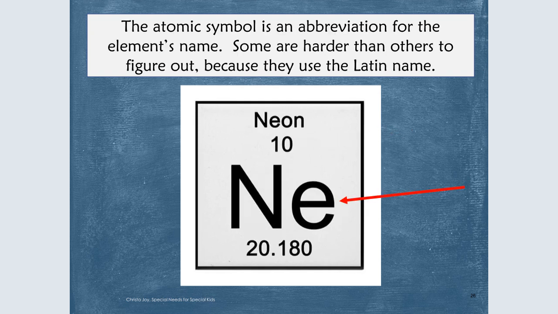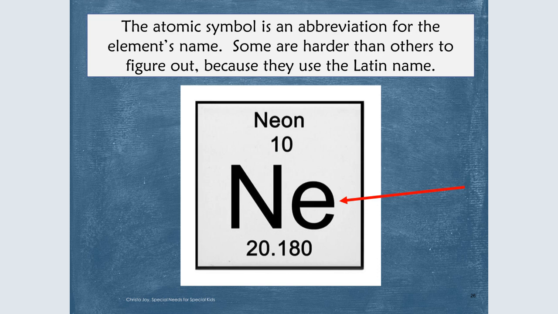The atomic symbol is an abbreviation for the element's name. Some are harder than others because they use a Latin name. Let's take a look at neon, looking at the numbers here. Neon, capital N-E.